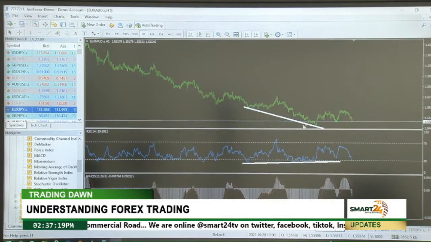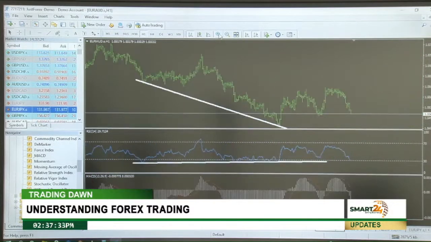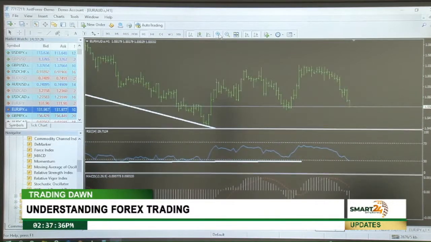So maybe this could be the reversal, a very unusual reversal. It's not very enticing, but when the volatility kicks in, something could easily happen here.